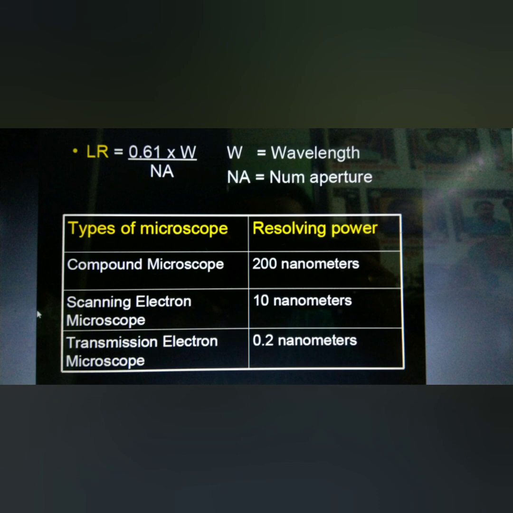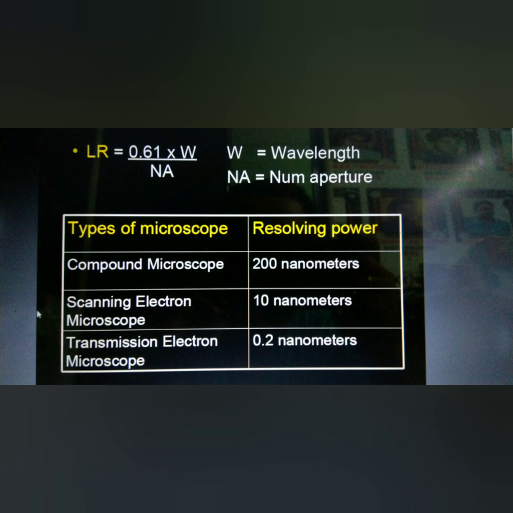There are other parameters to note down. First of all, LR, which I already told you, means limit of resolution. This depends on wavelength and numerical aperture.